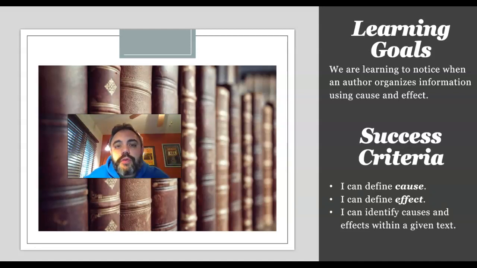They can be wrapped up in three I can statements: I can define cause, pretty important. I can define effect, also really important. And I can identify causes and effects within a given text. If you can hit those along the way, then you have really nailed down this idea and you've achieved your learning goal for today. Now, let's move on to those all important vocabulary words.